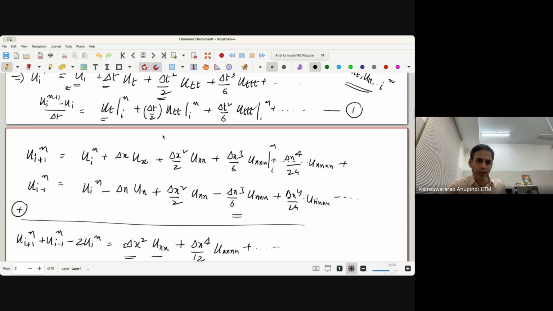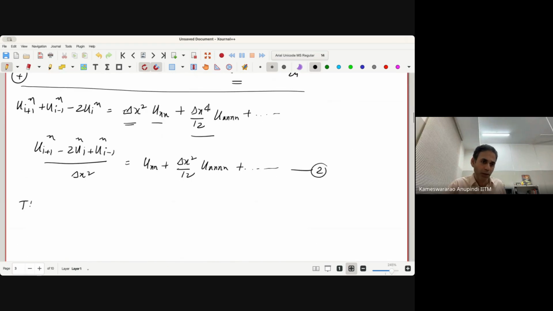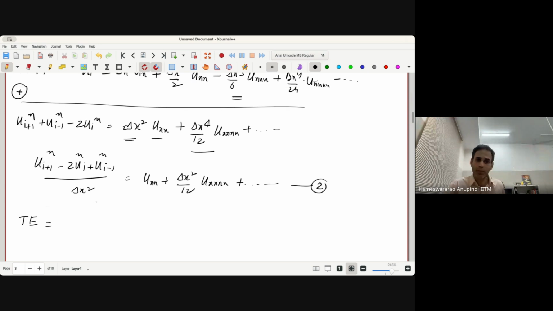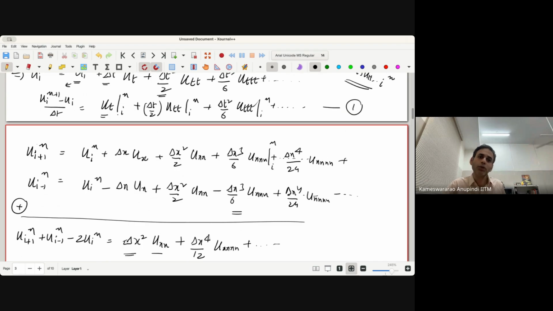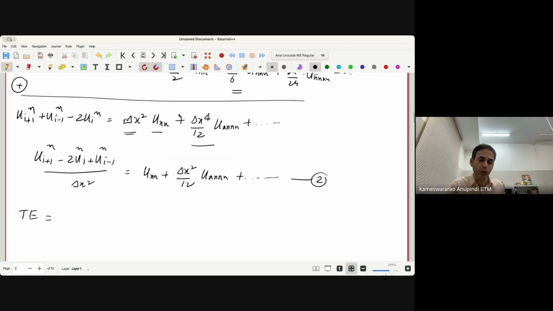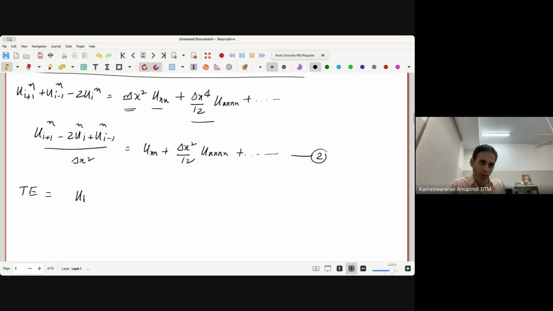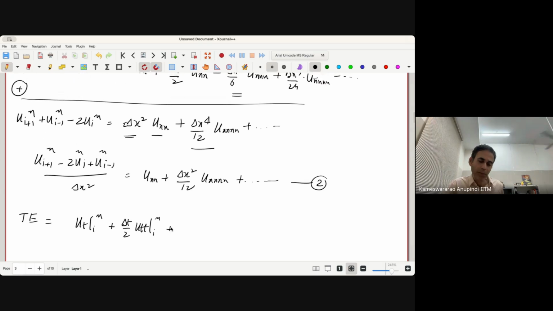Okay, so my truncation error is now going to be, from the first equation, I have u_t plus delta t by 2 u_tt. So this is u_t at i comma n plus delta t by 2 u_tt at i comma n. I'm not writing this i comma n, we realize that it is basically there.